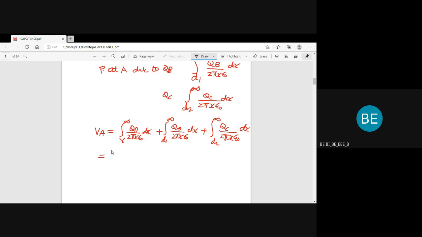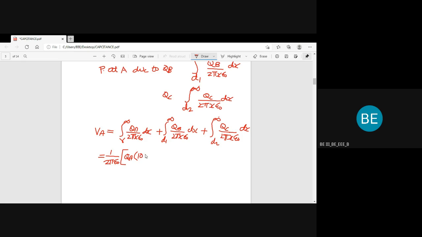So I am taking 1 by 2 pi epsilon naught outside. So you will get QA times the integration of 1 by x, and that will be log x.